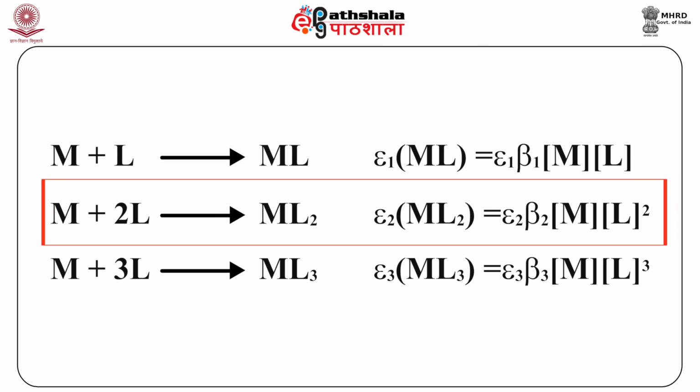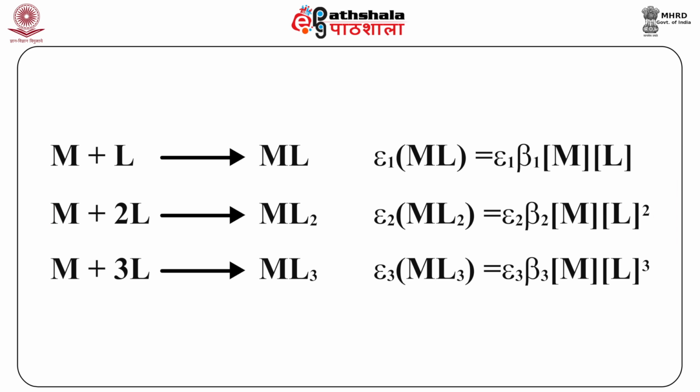Further, for the kind of reaction where metal M reacts with 2 moles of ligand to form ML2, the value of epsilon 2 for the complex ML2 is epsilon 2 into beta 2 multiplied by the metal M concentration multiplied by the ligand L concentration raised to the power 2.